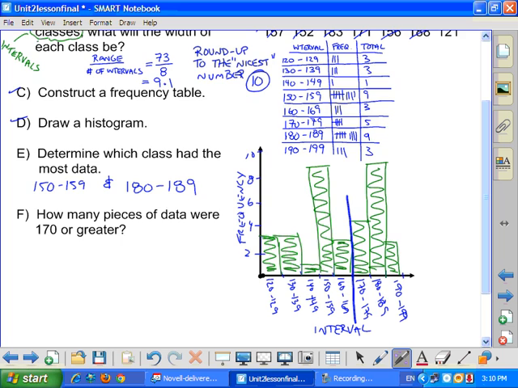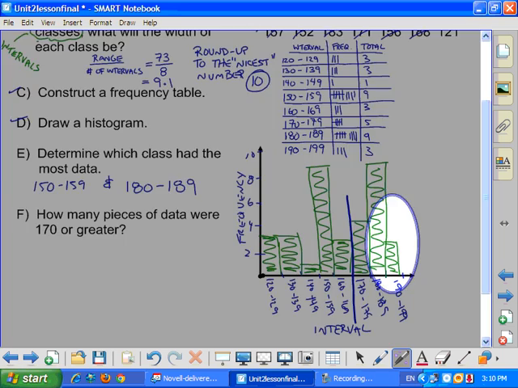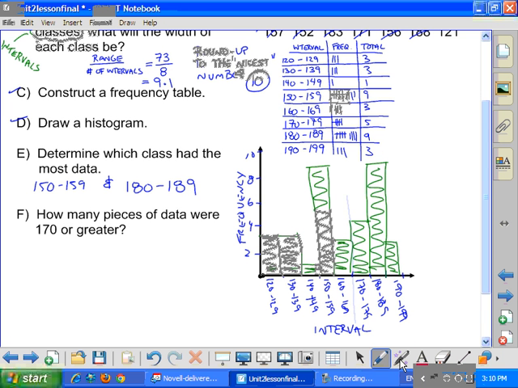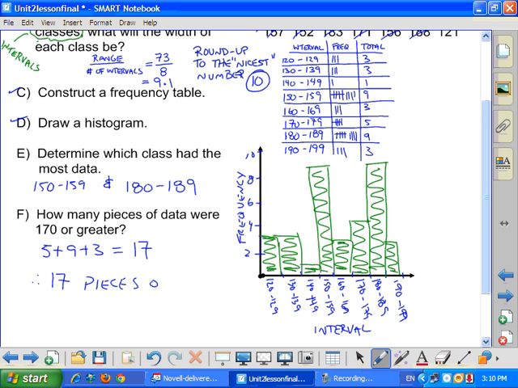We would have to add up those 3 bars, or those 3 totals. So 5, 9, and 3. So 12, so we end up with 17. Therefore, 17 pieces of data were 170 or greater.